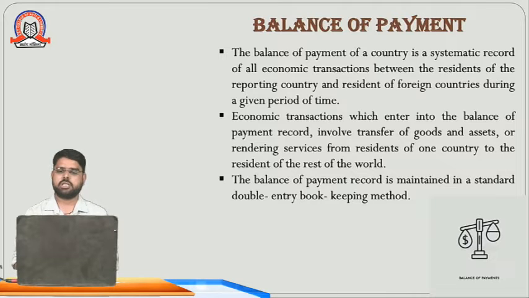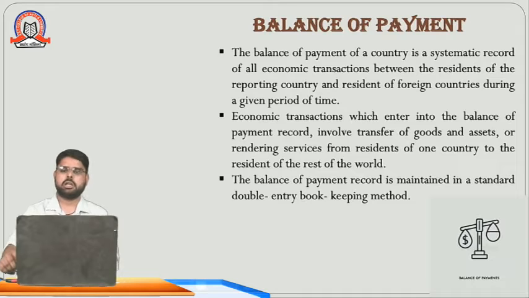Economic transactions which enter into the balance of payment record involve transfer of goods and assets or rendering services from residents of one country to the residents of the rest of the world. The balance of payment record is maintained in a standard double entry bookkeeping method.